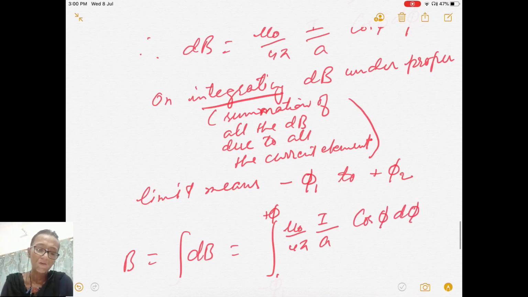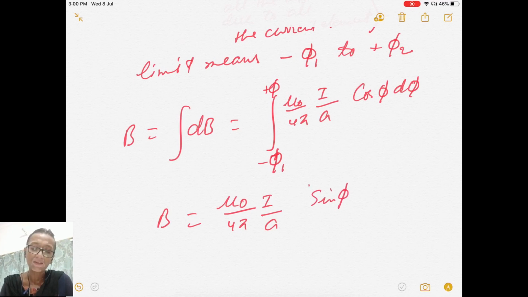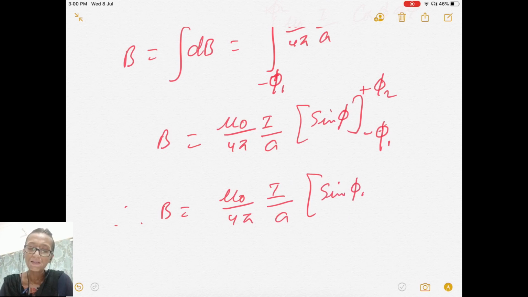Let me take every constant outside the sign of integration: mu naught upon 4 pi I upon A, and cos phi becomes sine phi under limits plus phi 2 up to minus phi 1. Therefore B is equal to mu naught upon 4 pi I upon A, sine phi 2 minus sine of minus phi 1.